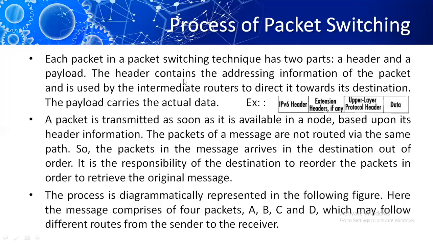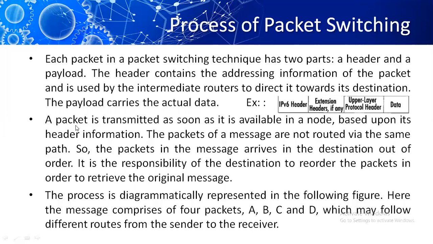This header contains the addressing information of the packet, so where the packet is to be reached, and similarly where the packet comes from. So the header contains the source address and also the destination address. This header information is used by the intermediate routers to direct the packet towards its destination, depending upon the address contained in the header. The payload carries the actual data you have sent.